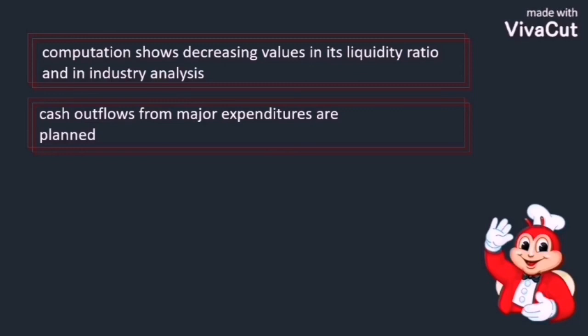To counter this, Jollibee Group's cash and banking team monitors its liabilities and deficiencies. The cash outflow from major expenditures is planned so that the money market placements are also planned in time with the planned expenditures. JFC also has short-term cash deposits and available credit lines from accredited banking institutions when there is a sudden deficiency.